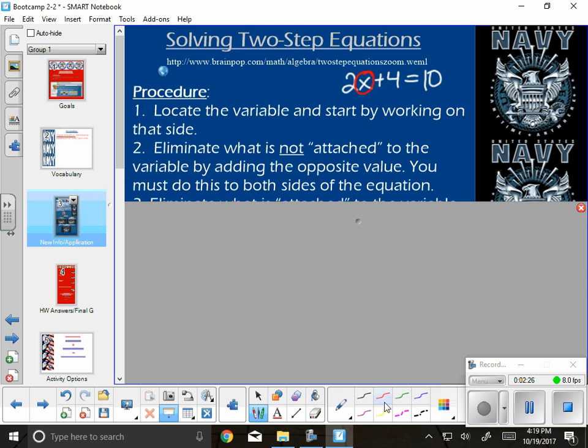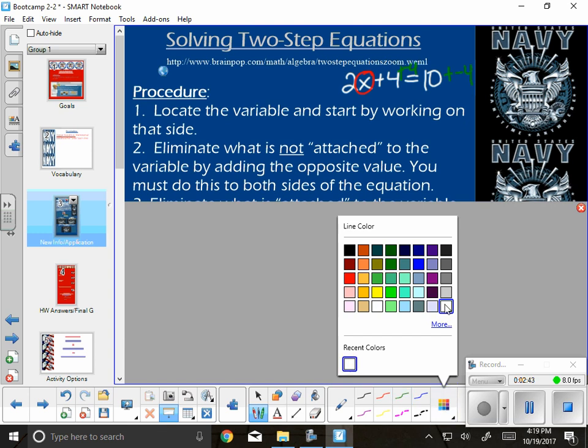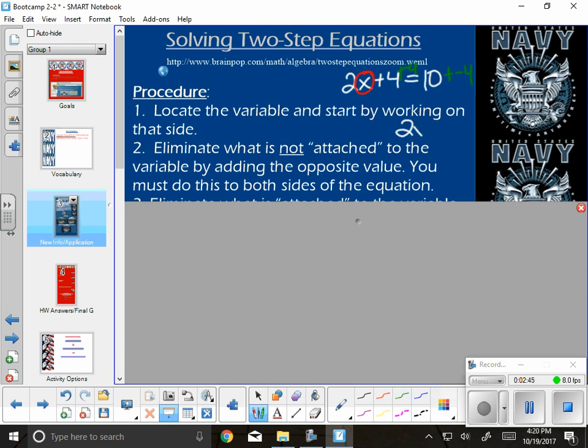The only thing that's not attached to the 2x, or to the x, is 4. So we're going to add the opposite, which would be adding a negative 4, and we're going to make sure we do that to both sides. So we're going to end up with 2x equals 10 plus negative 4, which is 6.